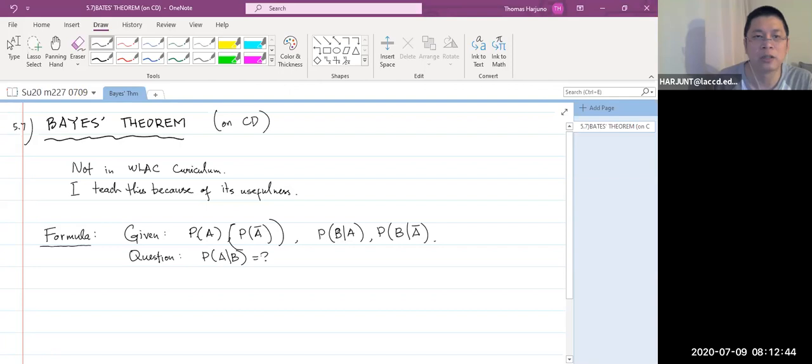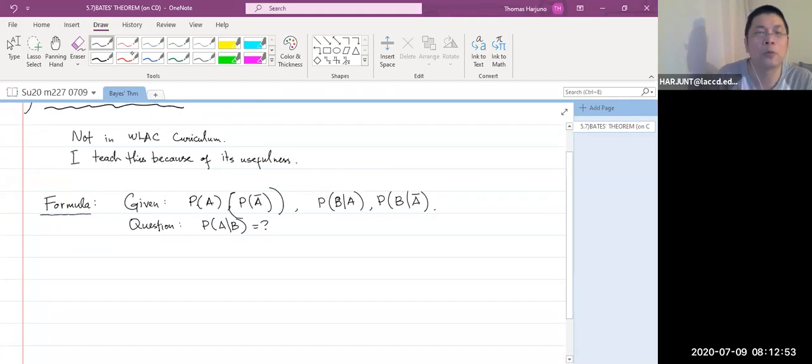Well, I don't understand it. Trust me, me too, when I first saw it. I'm about to give you the formula, and it tells us the following information: this, this, and this. And because the probability of A is given, implicitly the probability of not A is also given. Now the question is, what is the probability of A given B?